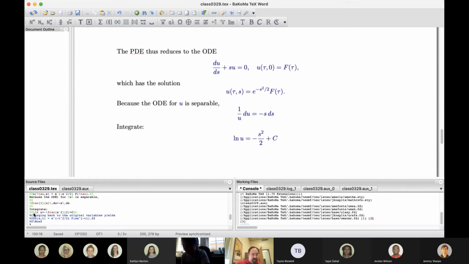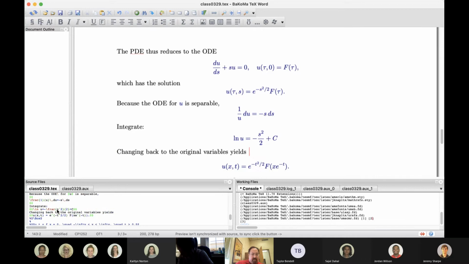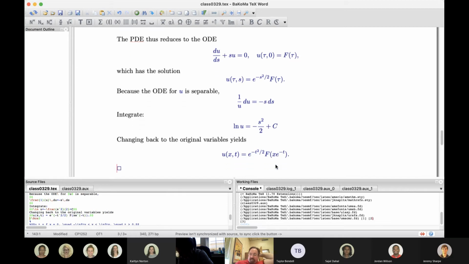So we can fill that in. And this is our solution in terms of the original variables, for whatever given initial function capital F you have.